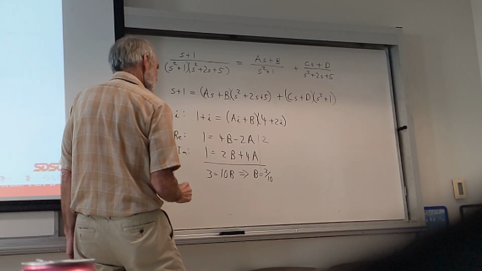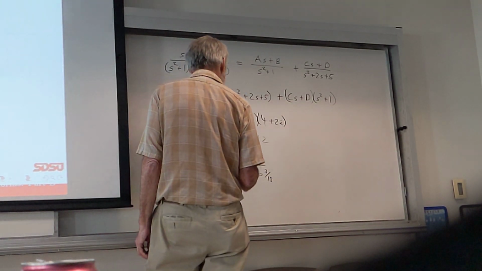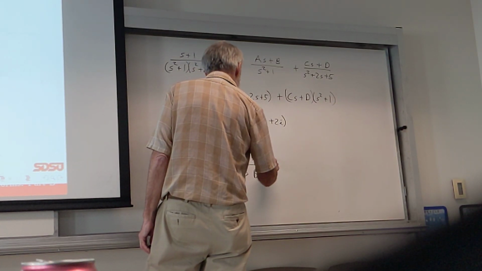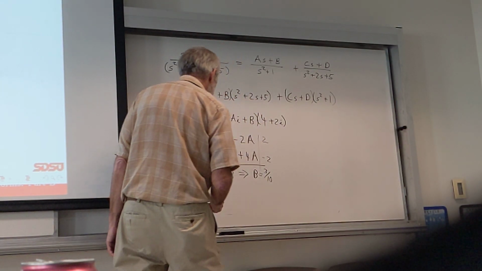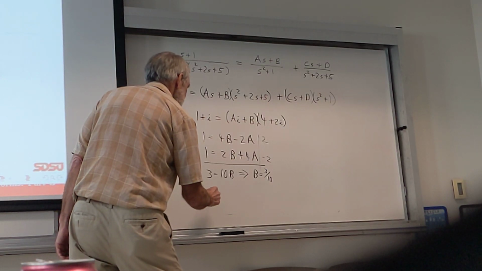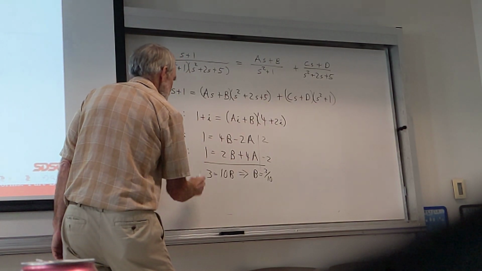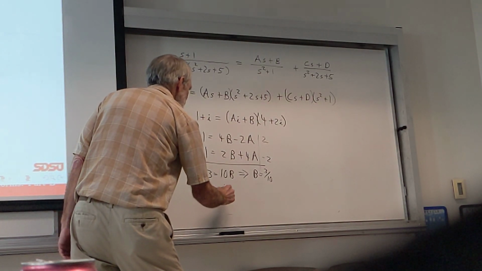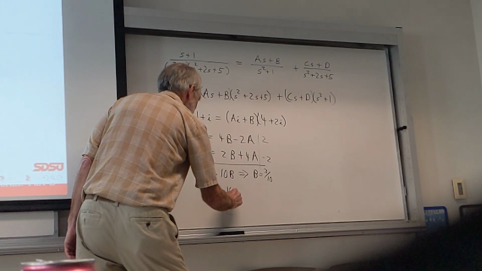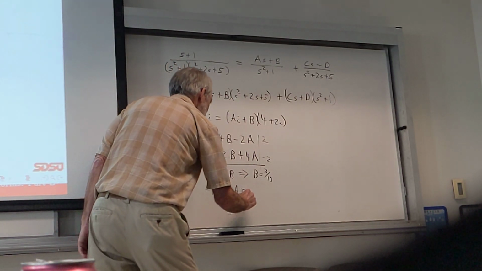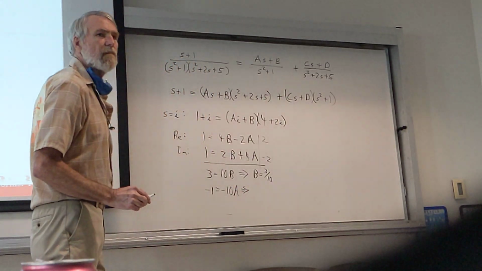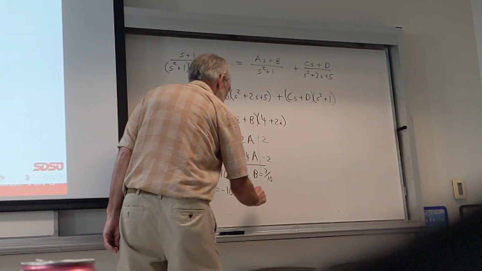Then let's take minus 2 times this equation and add them. a equals 1/10.